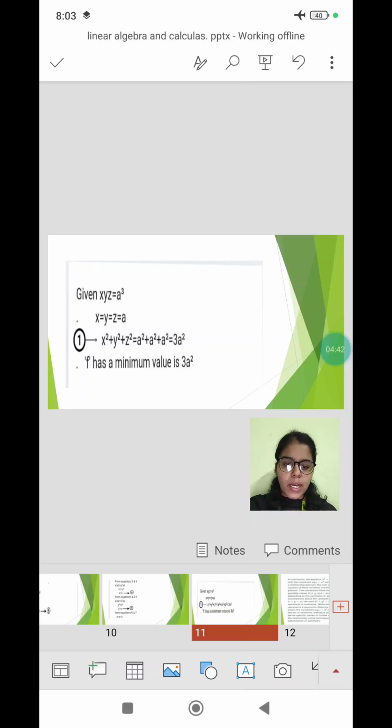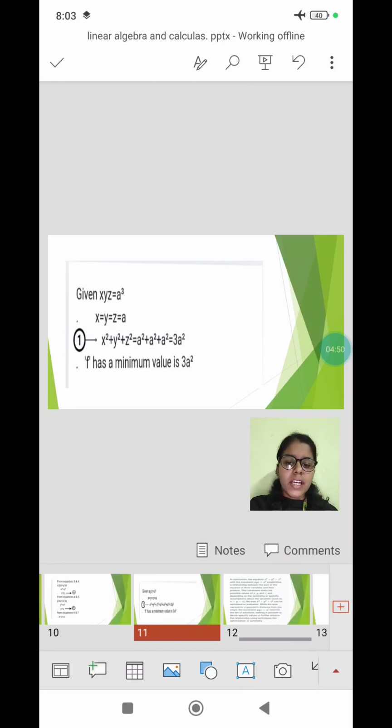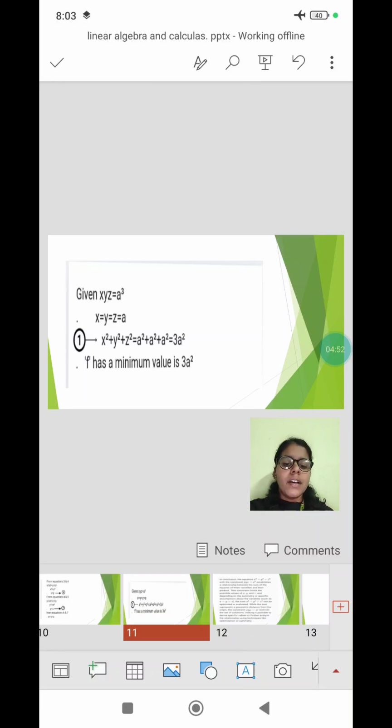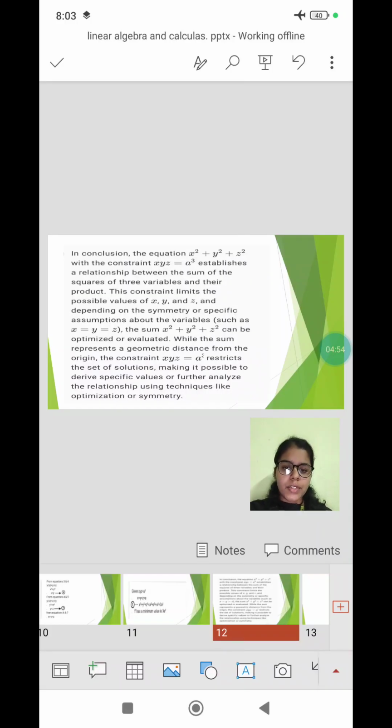From equation 1, x square plus y square plus z square equals a square plus a square plus a square, that is 3a square. F has a minimum value of 3a square.